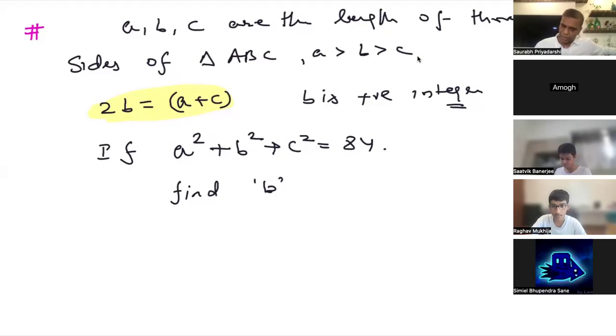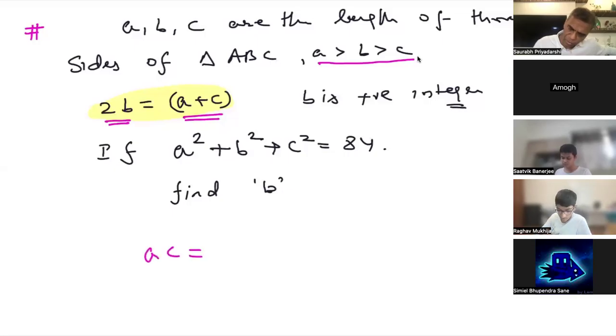No, not a big deal. See this carefully. Now, B is an integer, and the value of A plus C is given as 2B, and A squared plus C squared is given. So what is the value of AC?